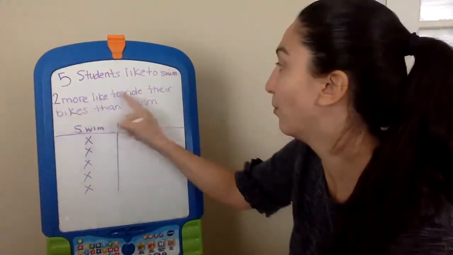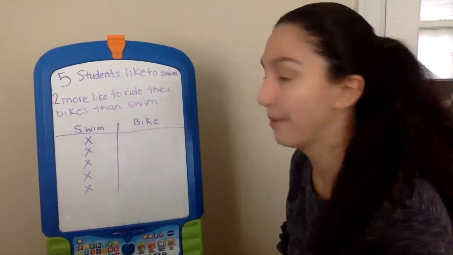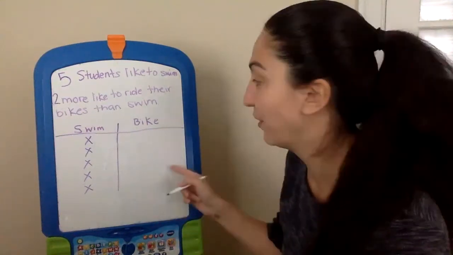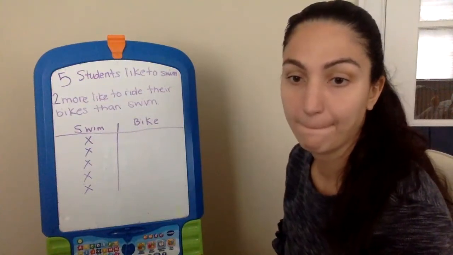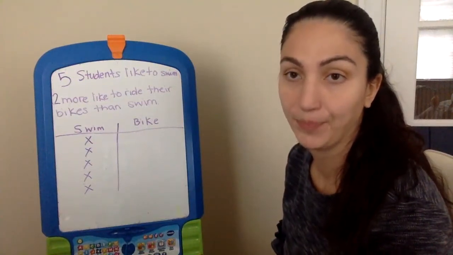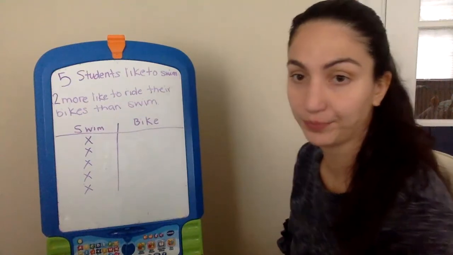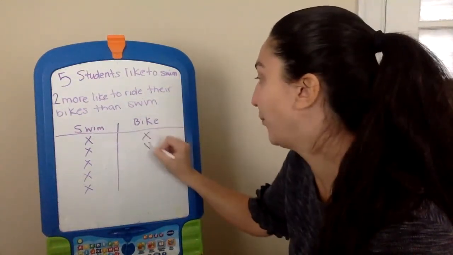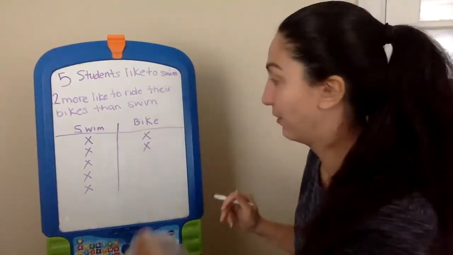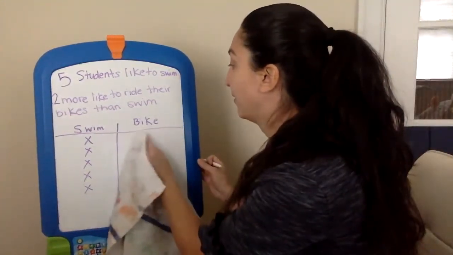Now it says 2 more like to ride their bikes than swim. So right now I want you to figure out how many friends like to ride their bike. So think about it, right? We're not writing 2. That's not right. Okay, it's not correct.